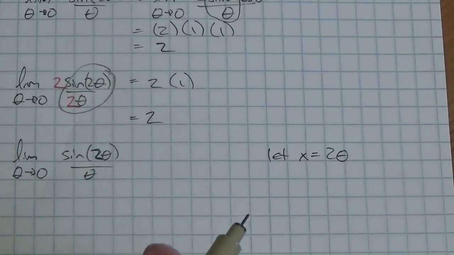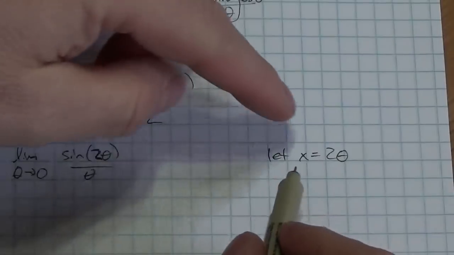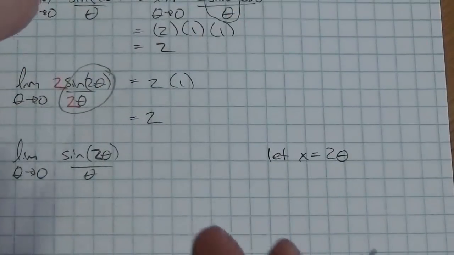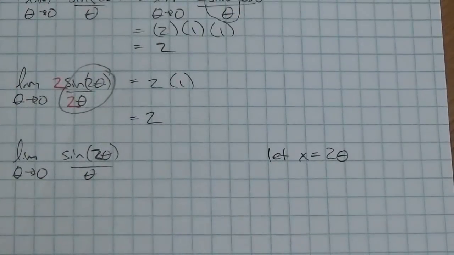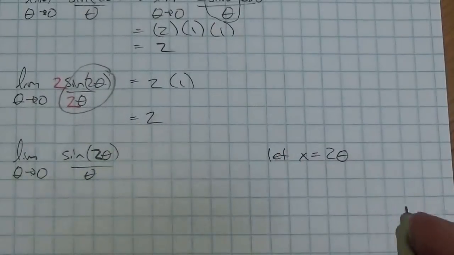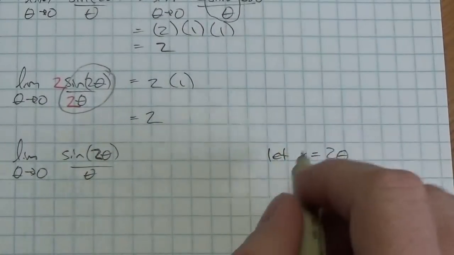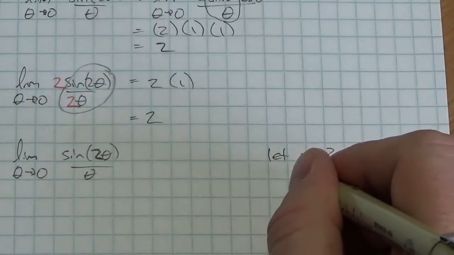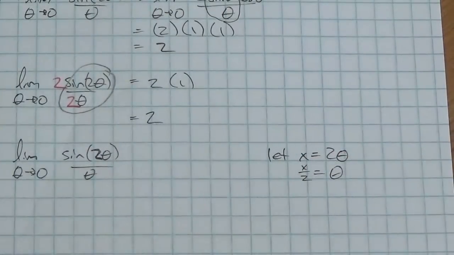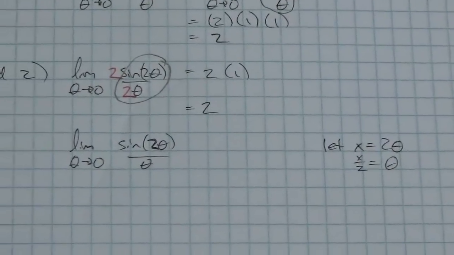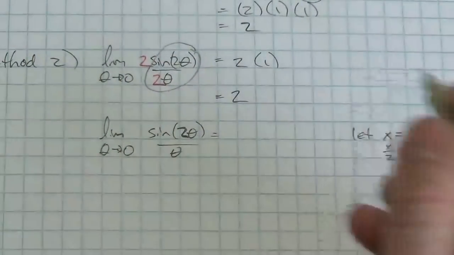Basically, I'm going to create what we call a dummy variable, which is just going to let me manipulate this expression a little bit so that I can do the limit. And if x is equal to 2 theta, x over 2 is going to equal theta. And so now I can come back here and I can rewrite this.